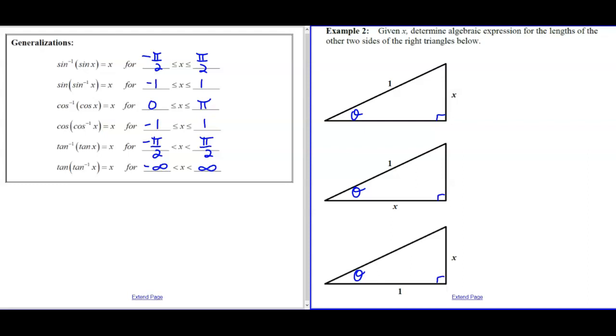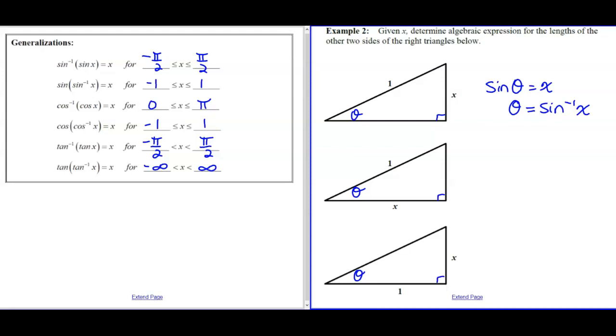So we assigned the opposite and the hypotenuse for you. Sine of theta in that diagram is x, right? x over 1 is x. So if we wanted to find what theta was, we would take the inverse of x.